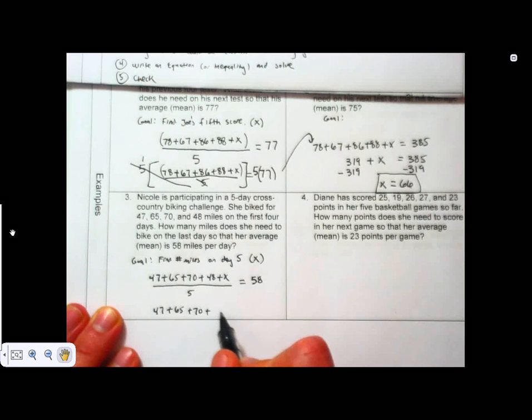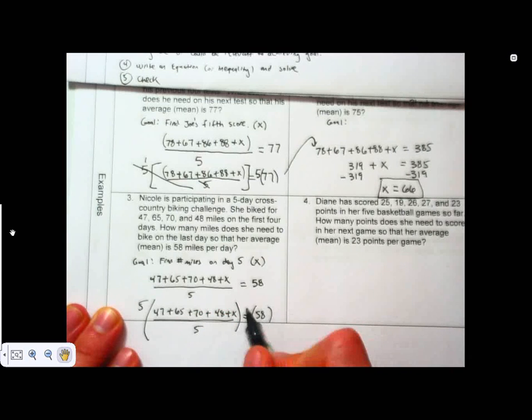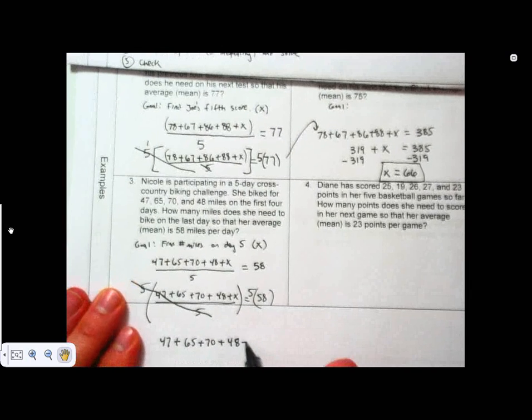And now again, if I multiply everything by 5, multiply this side by 5, and multiply this side by 5, the 5's cancel over here. Whoops, that 47 wasn't supposed to. So all that should be left then is 47 plus 65 plus 70 plus 48 plus x.